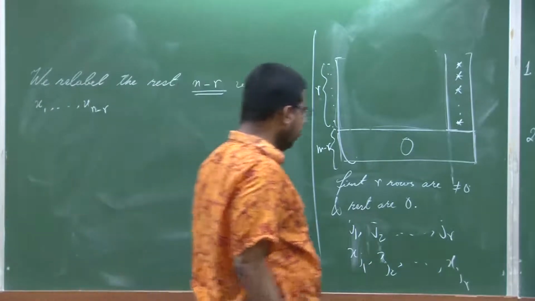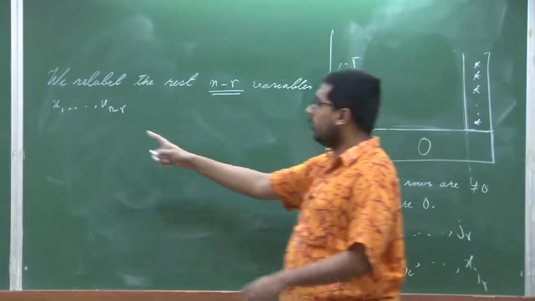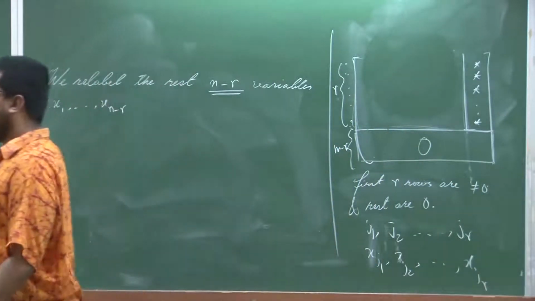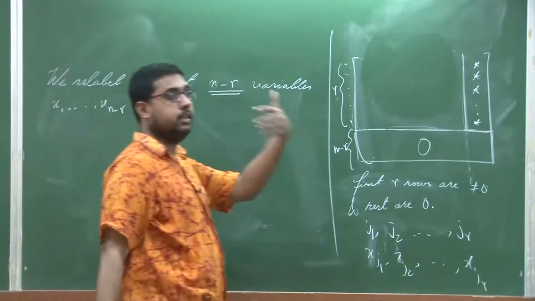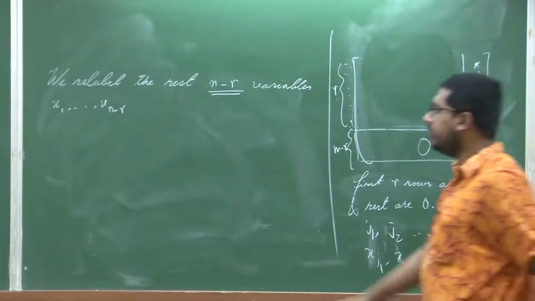Again for the sake of simplicity in notation, these variables u1 up to un minus r have some coefficients attached in each equation of the given system. We will also relabel those coefficients.